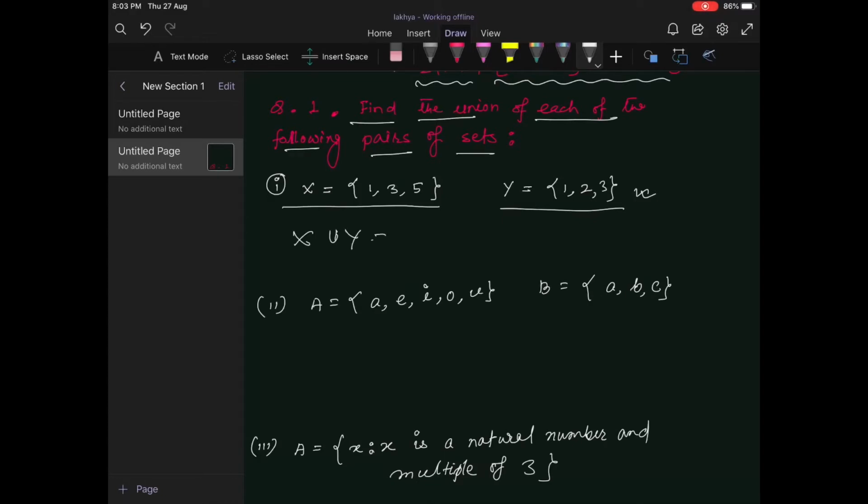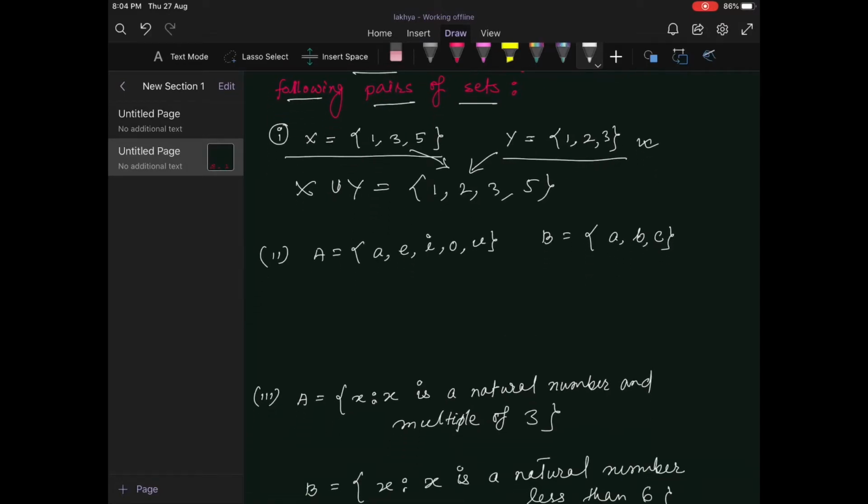So the union of these two, X union Y, must give 1, 2, 3 and 5. So we have to write all the elements of X and Y here. But remember one thing, don't repeat the same element twice, though it is present in both sets.